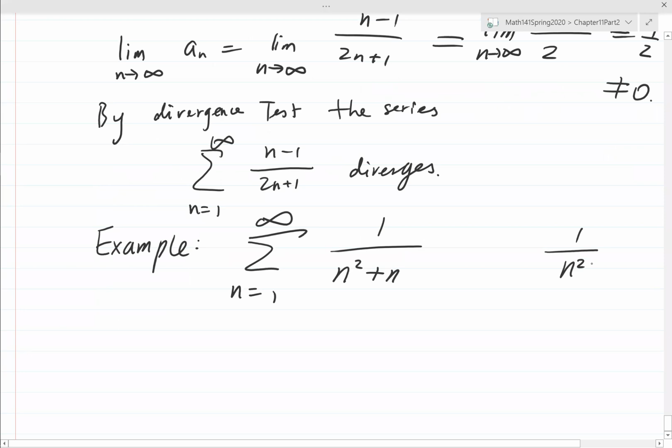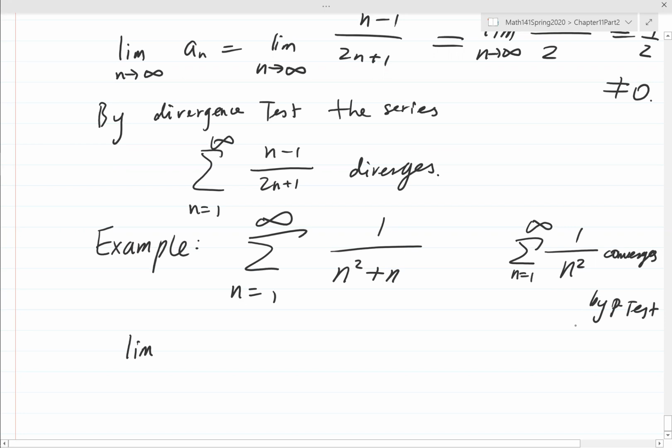The sum of 1 over n squared from n equals 1 to infinity converges by the p-test, to pi squared over 6 actually.